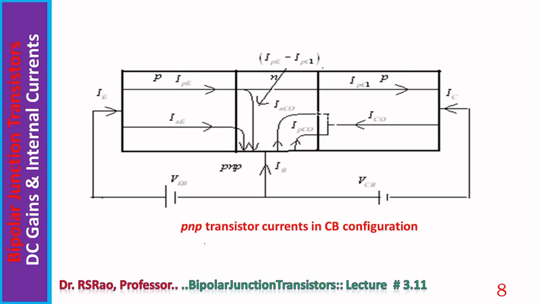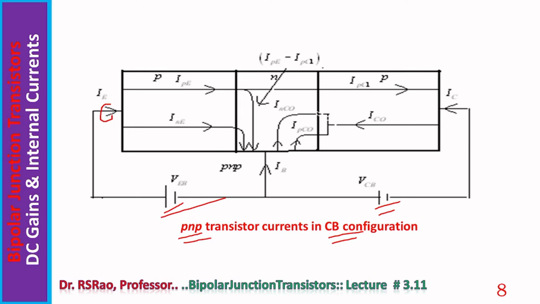Now, to understand the functioning of the transistor, we spend some time on the internal currents of BJT. We consider a PNP transistor. We assume it is in CB configuration. From the bias voltages, we can also see that it is in the active region of operation.